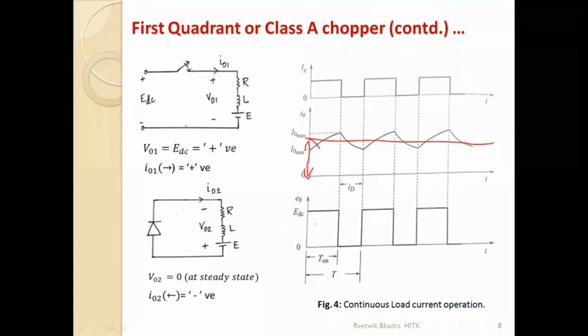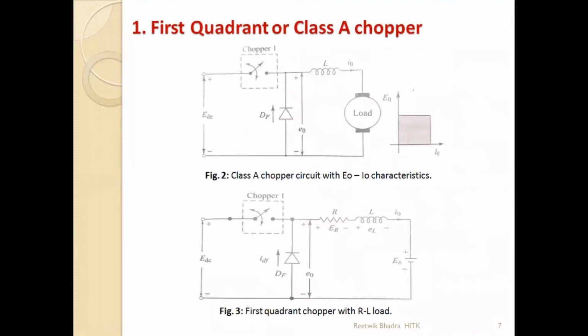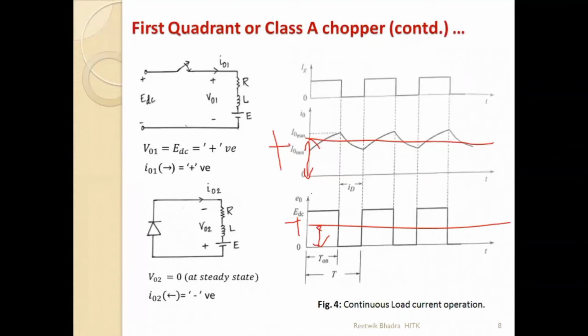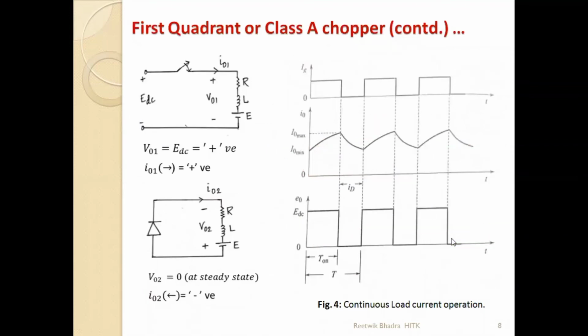The average value of E0 will also be positive. So positive voltage, positive current: we have first quadrant operation. Up to this, if anybody has any doubt, you can tell me, or we will proceed.